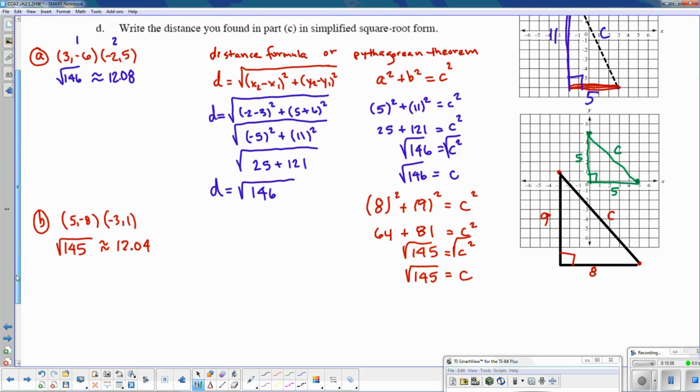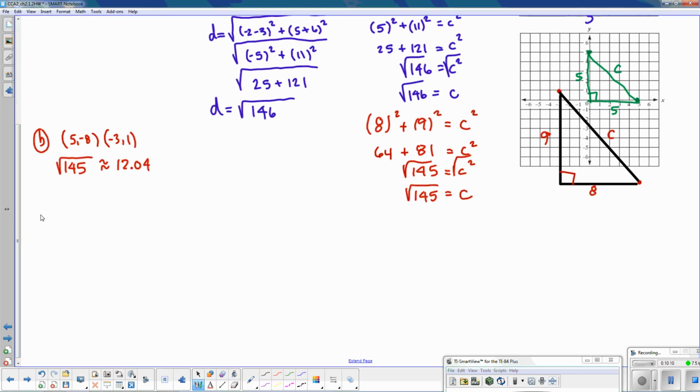Actually, let's move this down. So we've got our point (5, 0) and our point (0, 5). So we're going to do a squared plus b squared equals c squared. So we have 5 squared plus 5 squared equals c squared.